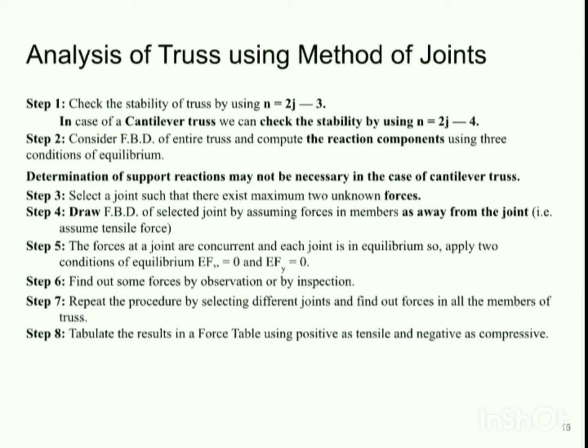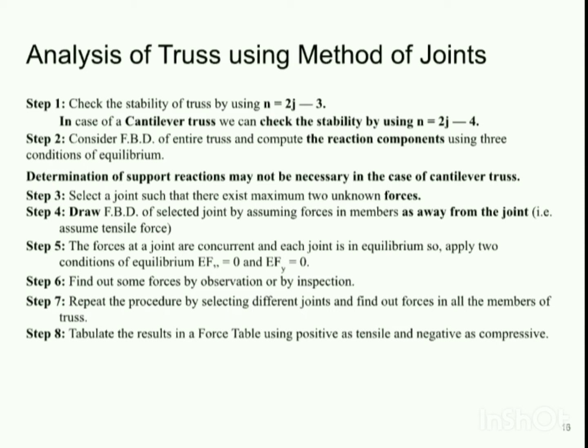So we can apply summation Fx and summation Fy to find out the unknown member forces. Remember, while analyzing the truss, we need to find out the support reactions as well as the member forces. If there are 10 members, we need to find out the magnitudes of the forces in all of these 10 members. Let us see what is the next step.